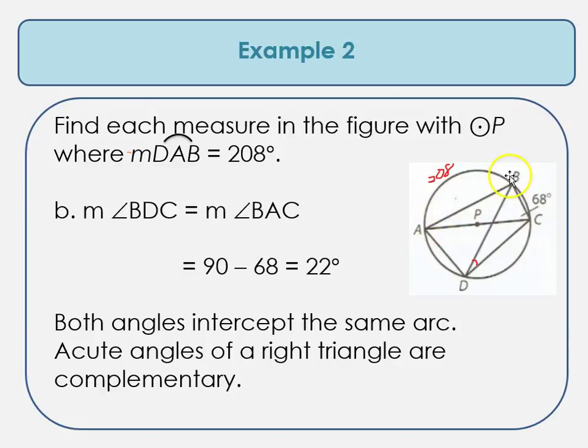We know that BAC was intercepting the semicircle, so it's 90, and then we can subtract 68, which equals 22 degrees. So both angles intercept the same arc, and the acute angles of a right triangle are complementary. Some more information to dredge up from the past.